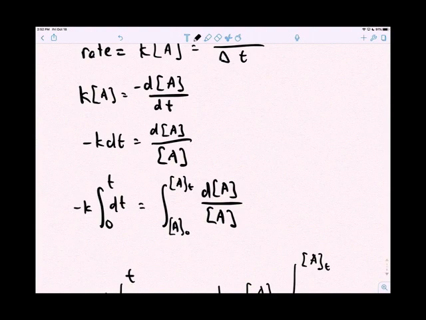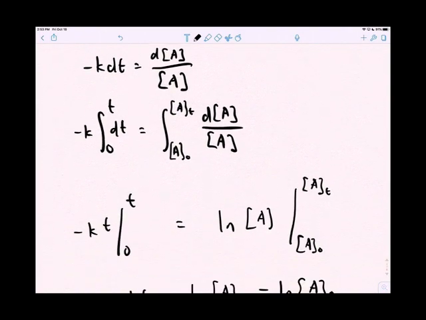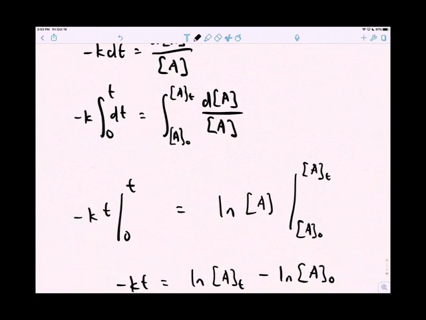At. A0, sometimes you hear it as A naught. That's kind of British for zero, all for naught, all for zero. So at the initial time to some time t, this is just the constant for the dt, and for the dx over x, this is the natural log.